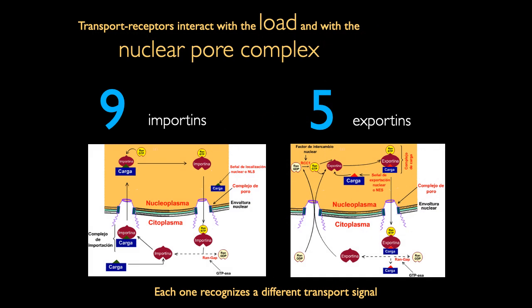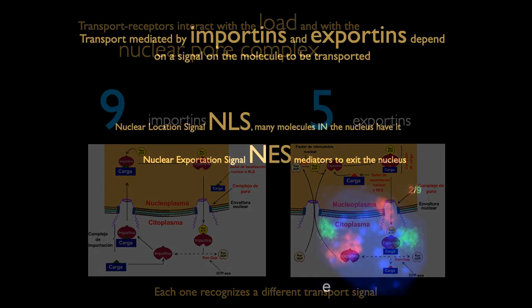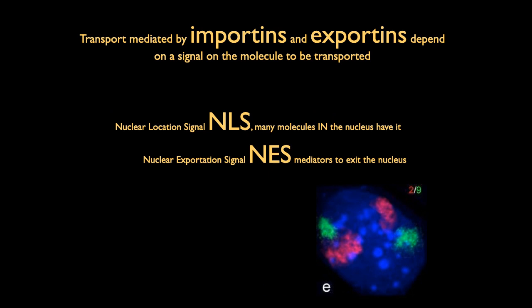All right, so the nuclear pore complex has receptors that can interact with the load to be transported, and there are 9 different importins and 5 exportins. These are like passports to go in or to go out, but they are different. Loads may have a nuclear localization signal as a label saying that they should be inside the nucleus.